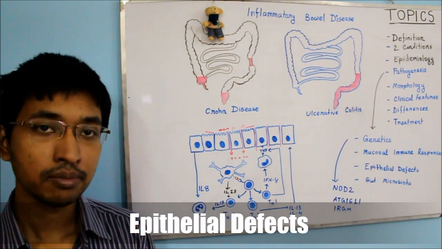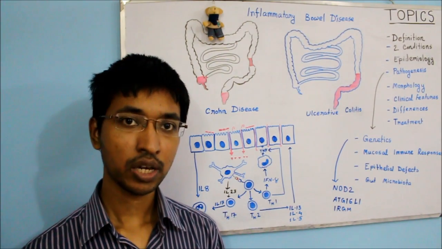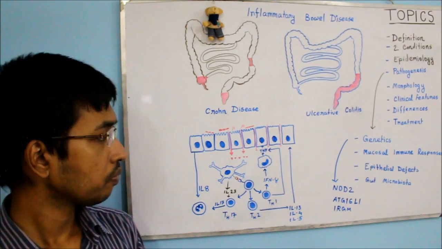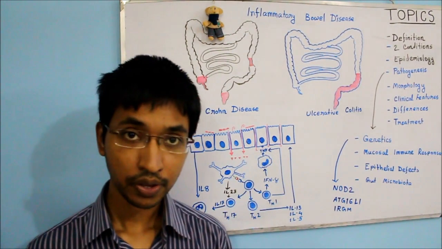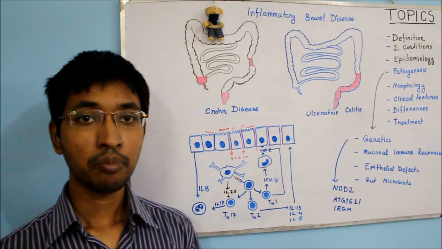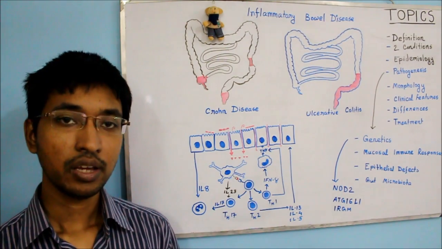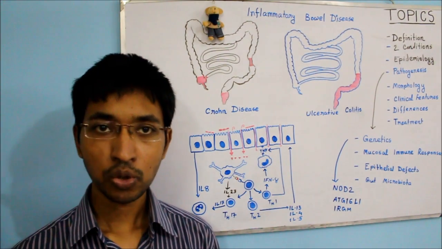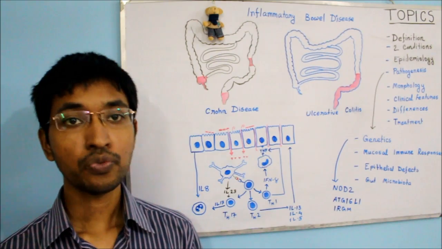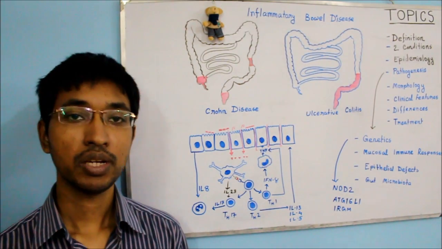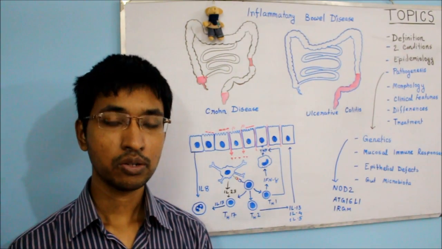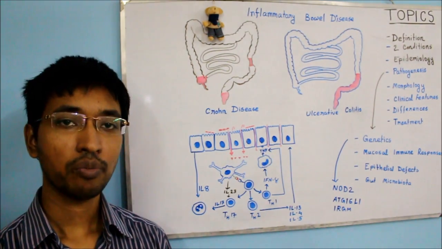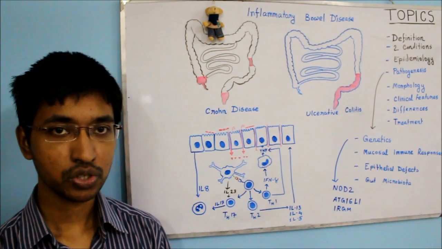So there may be barrier dysfunction, which can include defect in the tight junctions among the epithelial cells, and also there may be polymorphism in the extracellular matrix protein, and also polymorphism in matrix metalloproteinase enzymes. And all these defects are associated with development of inflammatory bowel disease.